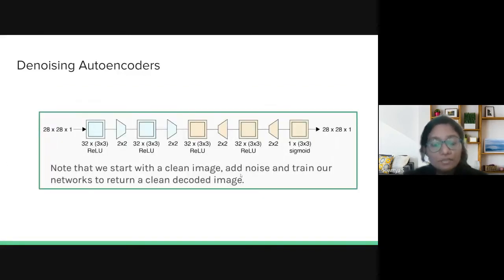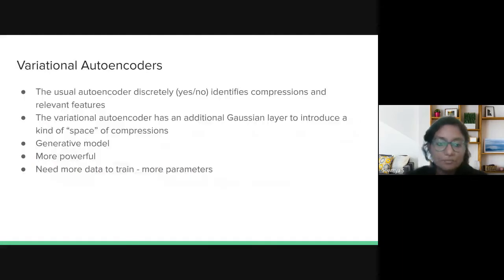So we start with a clean image, we add the noise, we train our networks to get a decoded image. Like I said, your training set essentially doubles. You have the clean image, you have the noisy image, but for both of them, the output is the clean image. So, denoising autoencoders are very popular because they are scalable, they're robust, and so on.